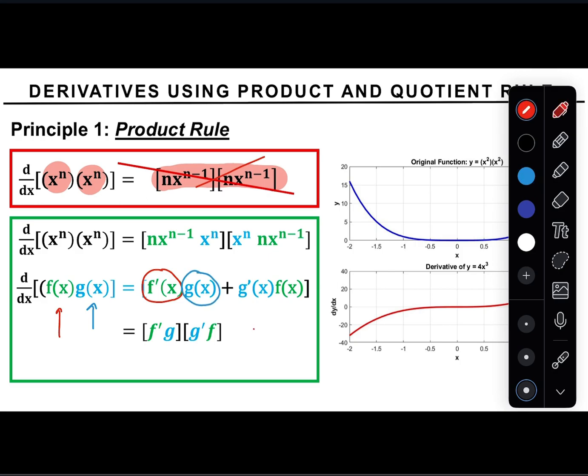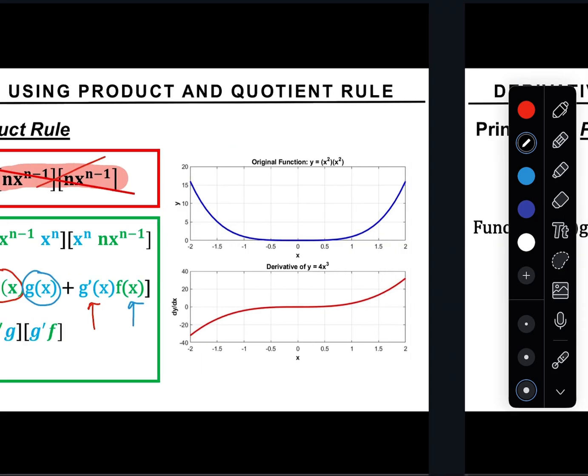Then we have the derivative of g of x and the normal function of f of x. Another way we can denote this is f prime multiplied by g, plus g prime multiplied by f. So let's look at some examples.